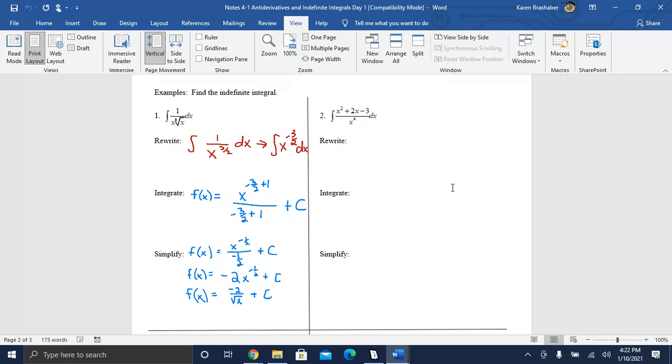So on the second problem, now we have a quotient. There is no quotient rule. So you will need to rewrite this as separated terms. Since you have a monomial denominator, we can separate this out by integrating x squared over x to the 4th plus 2x over x to the 4th minus 3 over x to the 4th.